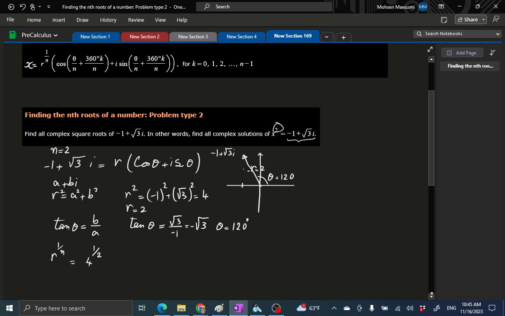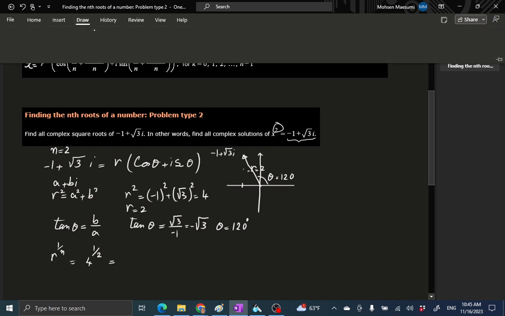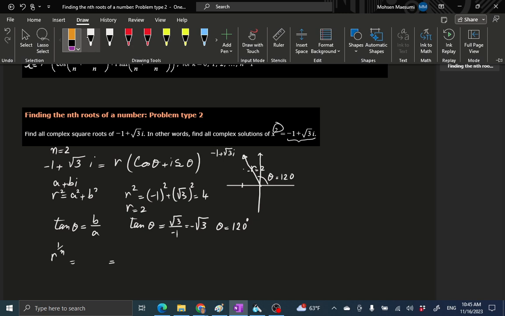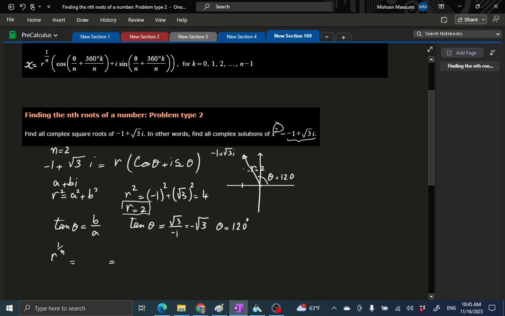Excuse me, let me make a correction here. r was 2. So 2 to the power of 1/2. It's an easier way to write it as just radical 2.